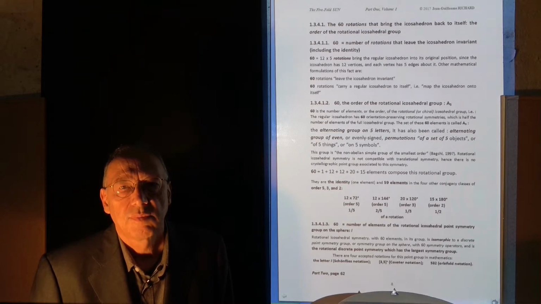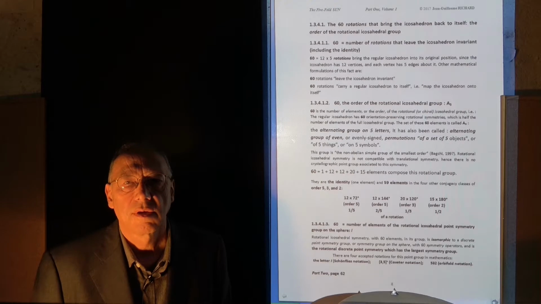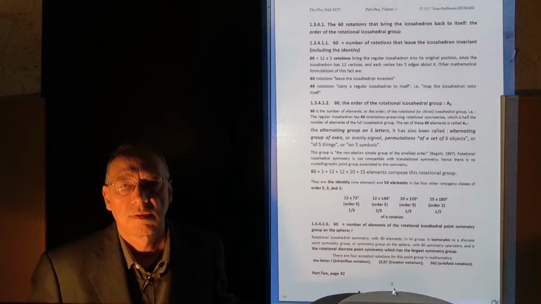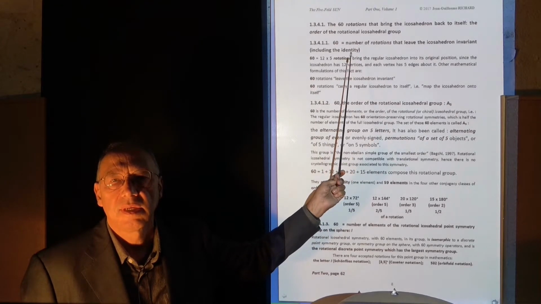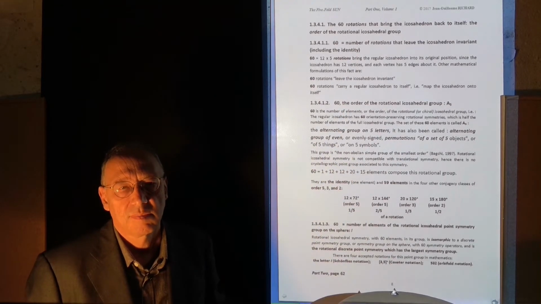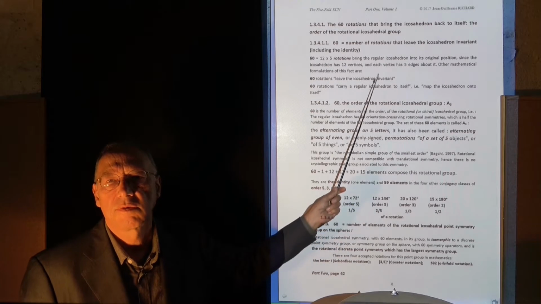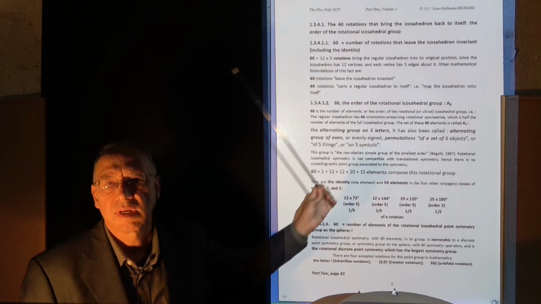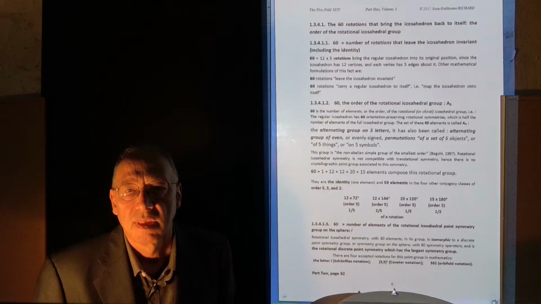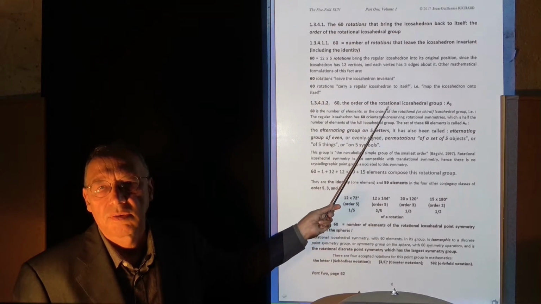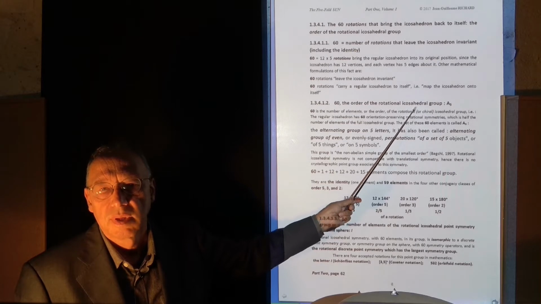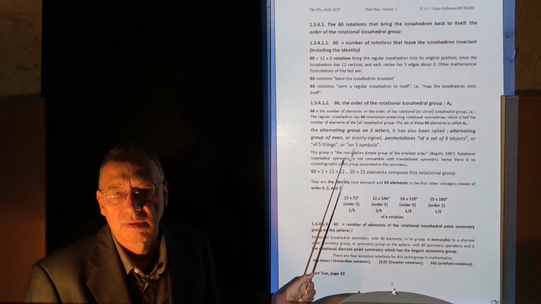It happens to be also the order of the rotational icosahedral group. 60, in terms of symmetry groups, is the number of rotations that leave the icosahedron invariant. The rotational icosahedral group is composed of 60 elements.